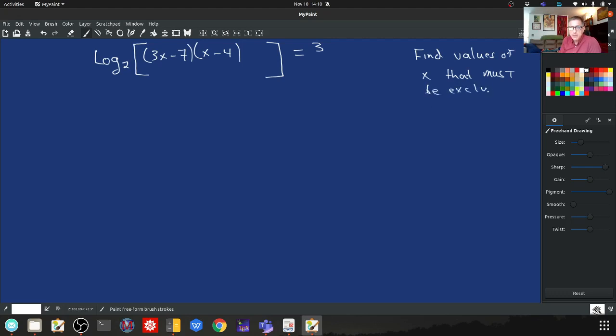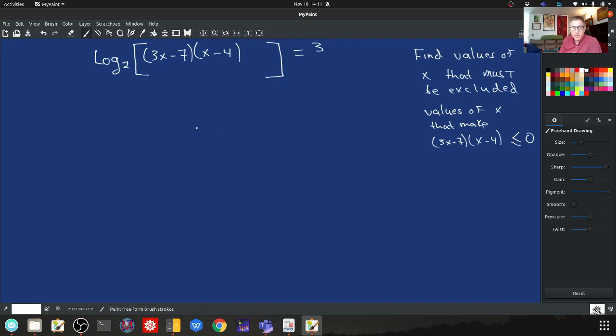And ostensibly, that means values of x that make 3x minus 7 times x minus 4 less than or equal to 0.